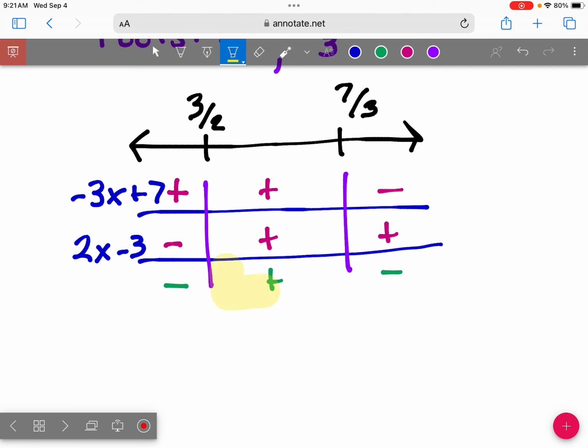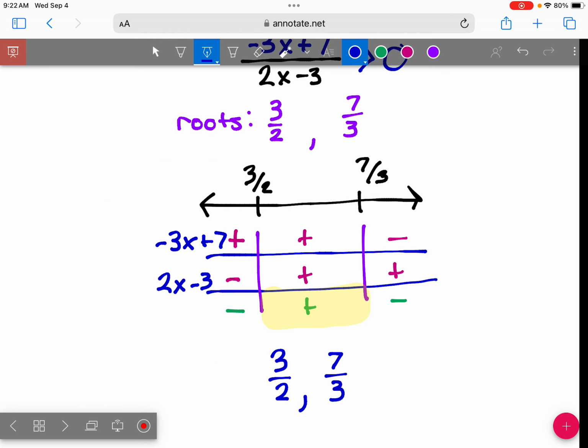So our interval is this one. It's going to be from 3 halves to 7/3. Are they going to have parentheses or brackets? Parentheses.